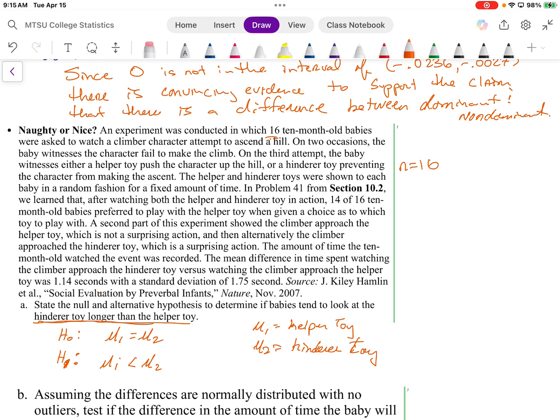Now on this one, they tell us that this number right there, that's our X bar. X bar is 1.14. They tell us what the difference is, and the standard deviation is 1.75.